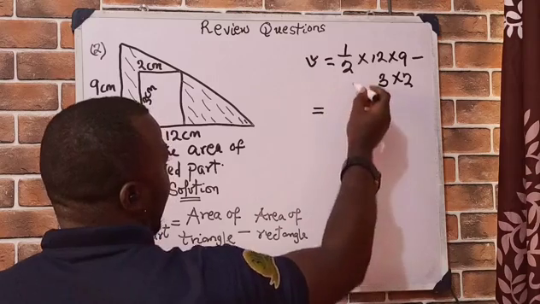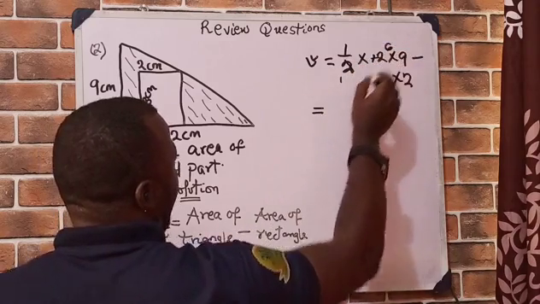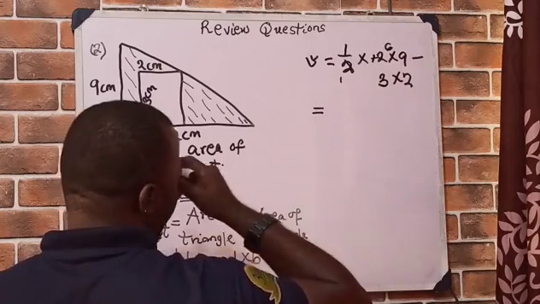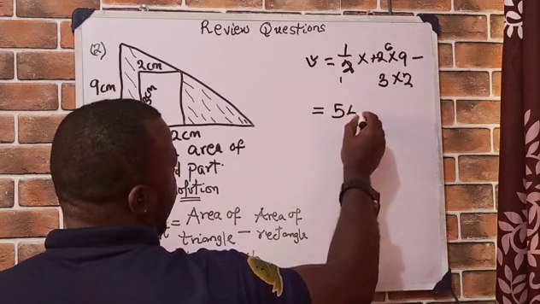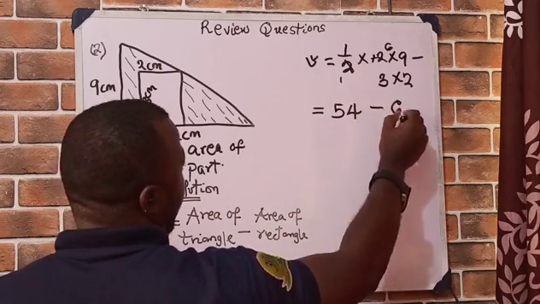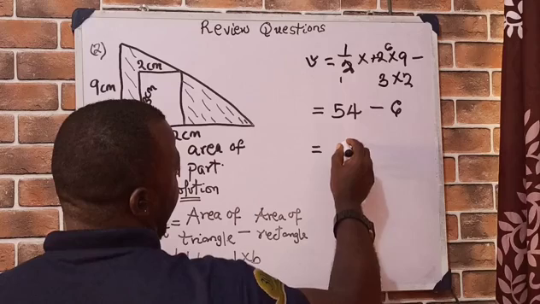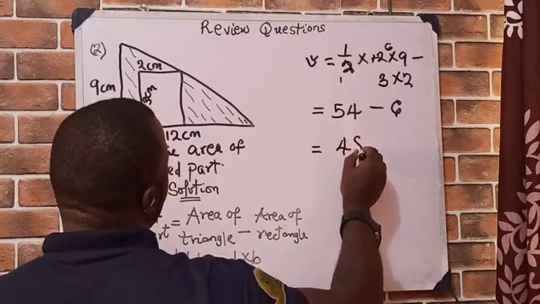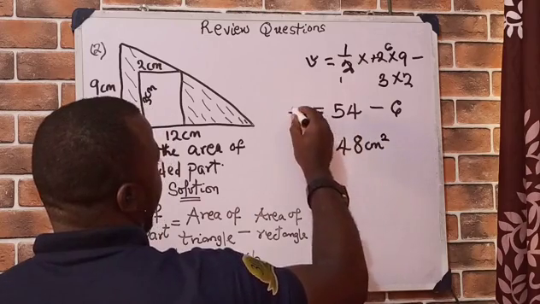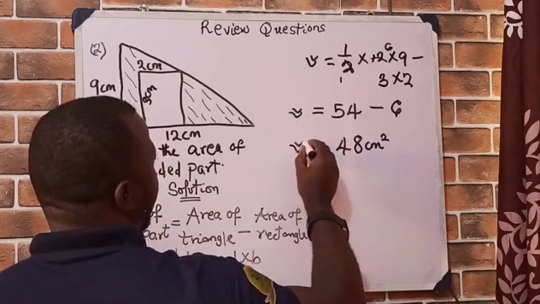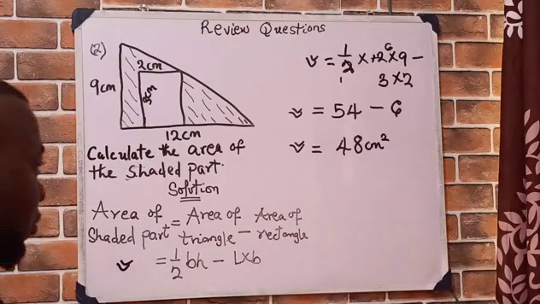I'll be having something like 2 into 12, 6. 9 times 6 should give us 54 minus 6. And I'll be getting something of 48 centimeters square. So the area of the shaded part is 48 centimeters square.